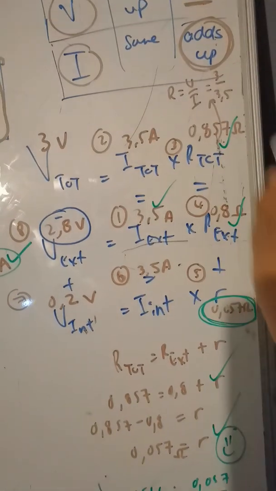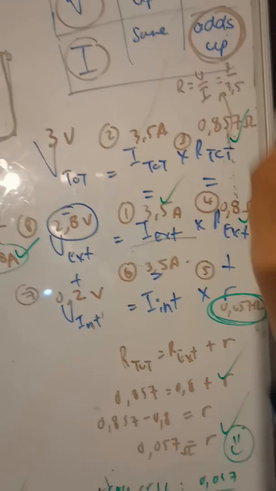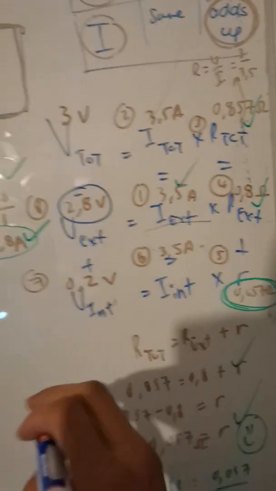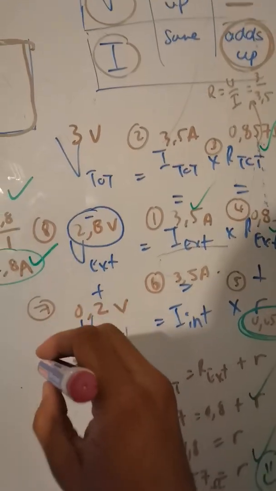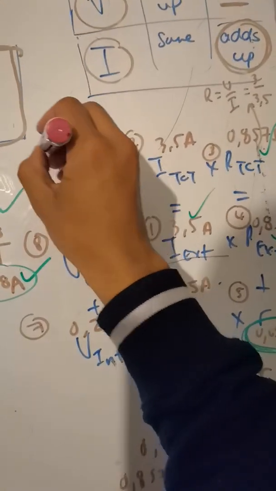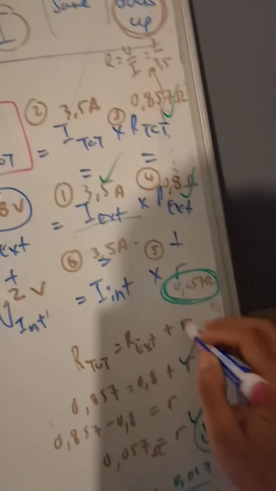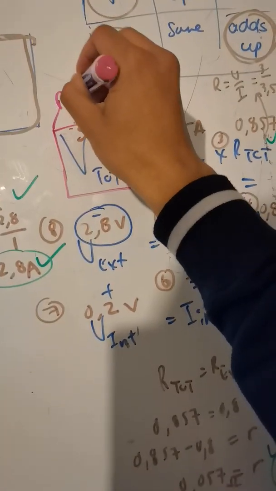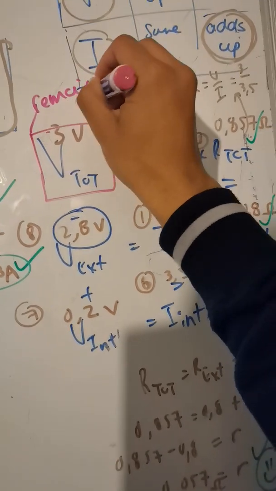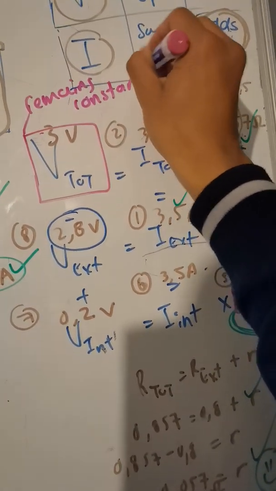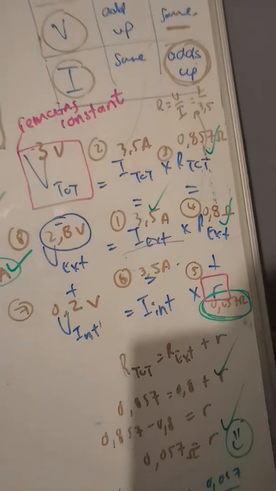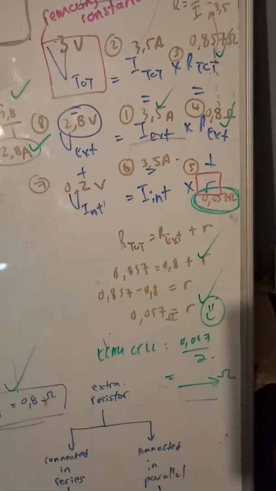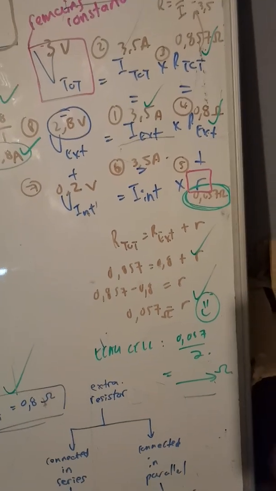Now if you look at this graph here, the first thing that you must know is that V total and R internal remain the same, remain constant. You can actually mention that at the start for your examiner if they ask you to explain why, which I think is 9.5.2.